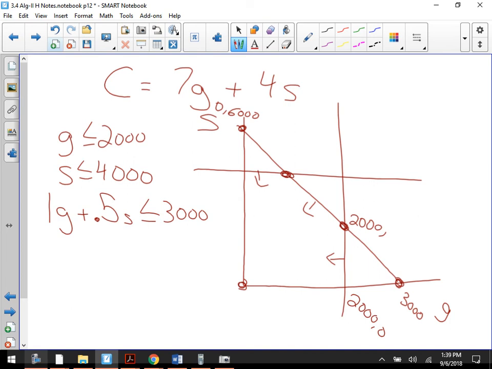Okay. Up top, we know that this was 0, comma 4,000. Half of 4,000 is what? 2,000 plus what is 3,000? 1,000. That's how you get your boundaries.